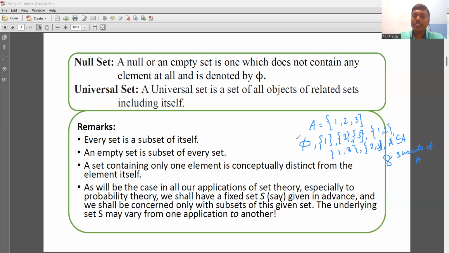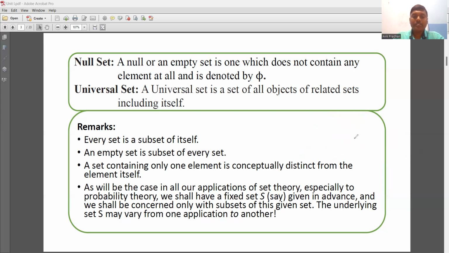So now, if I consider the collection of all the subsets of a given set, then it is called the power set of that set. We will talk about these sets especially in probability theory. It has a very important role in the development of probability theory, so we'll look into this again later on. Okay.